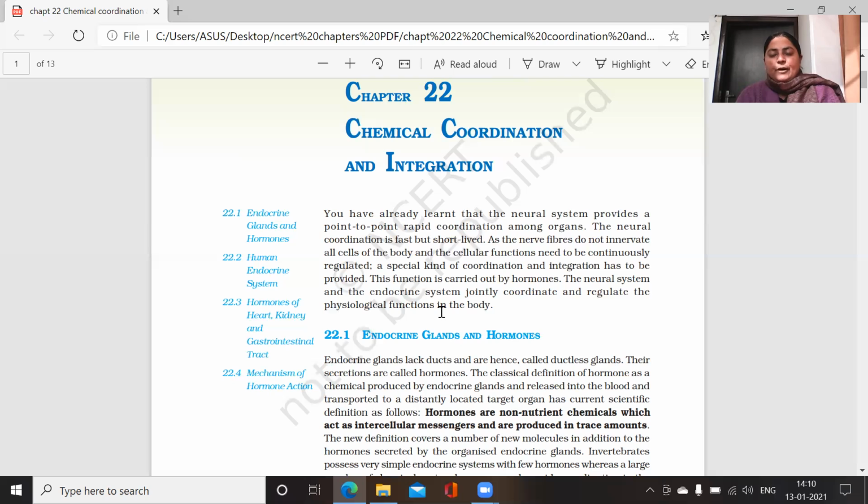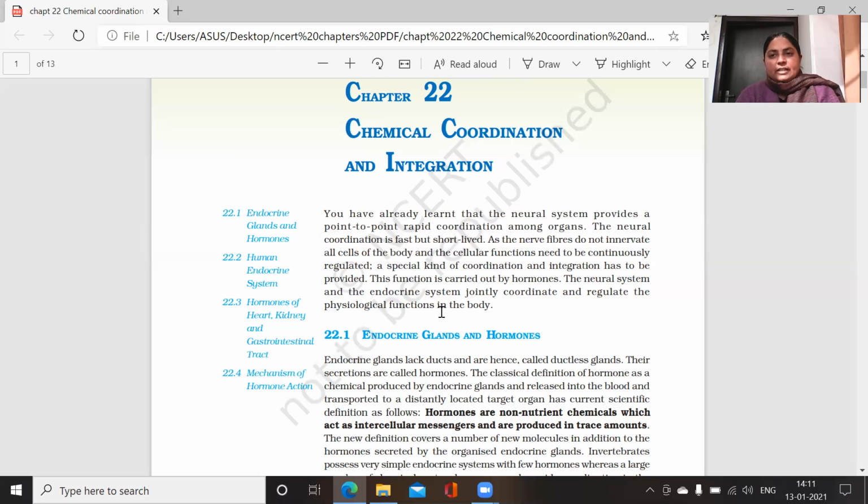These nerve fibers are made up of structural and functional units known as neurons. You have studied these neurons in class 9th and 10th; they consist of component parts, which are dendrites, axons, and the nerve endings.